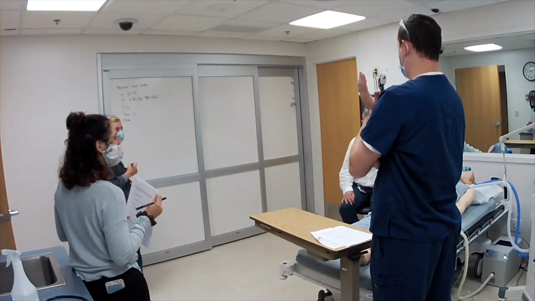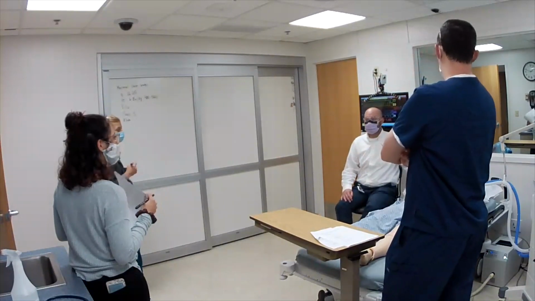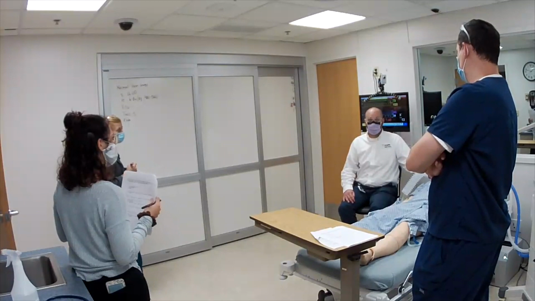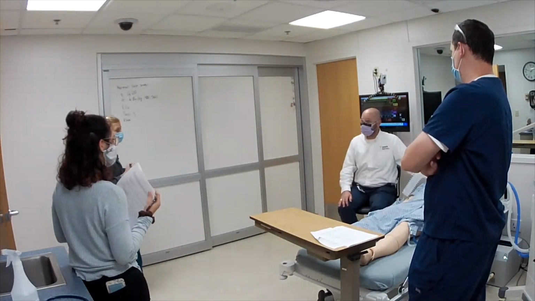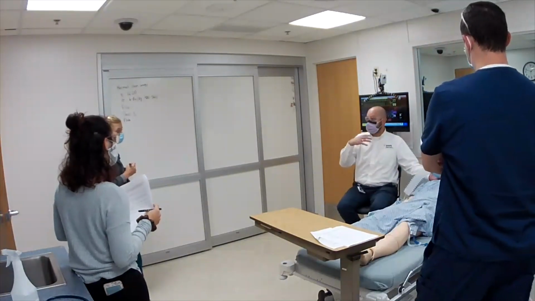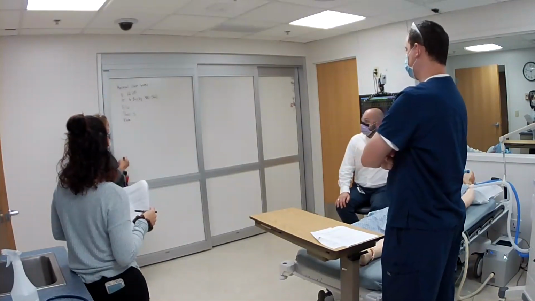Could be, but even more common than that. You ever heard of somebody auto-PEEPing? Who auto-PEEPs? COPD. COPD is a great example. Pink puffers, right? That blowing against pursed lips is a generating PEEP and auto-PEEP strategy. Perfect.